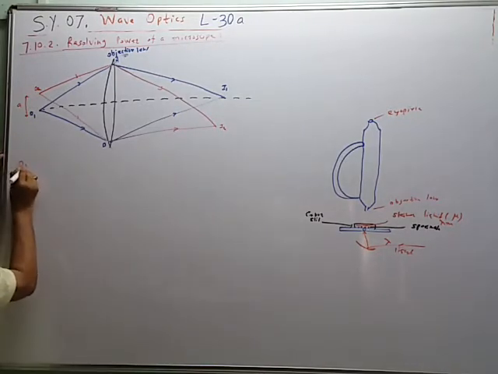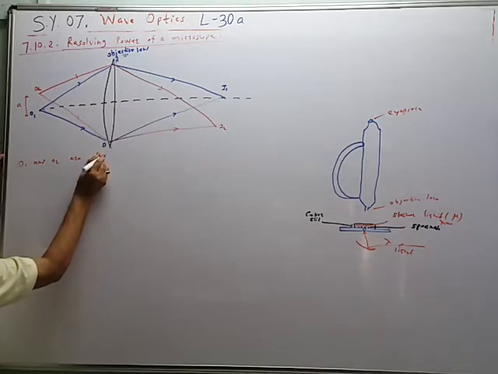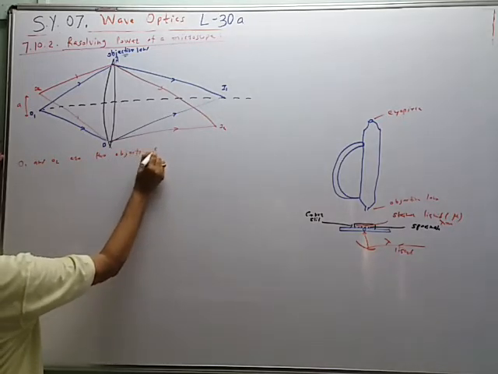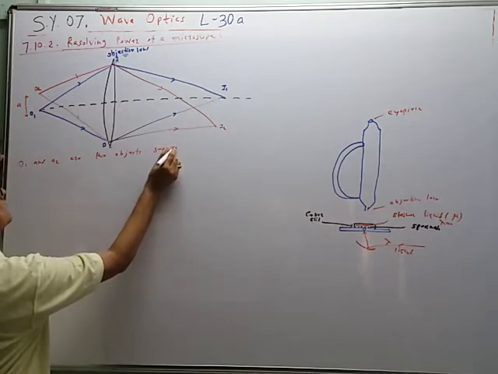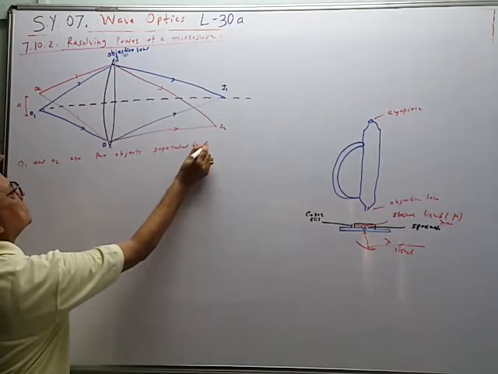O1 and O2 are two objects separated by distance a.